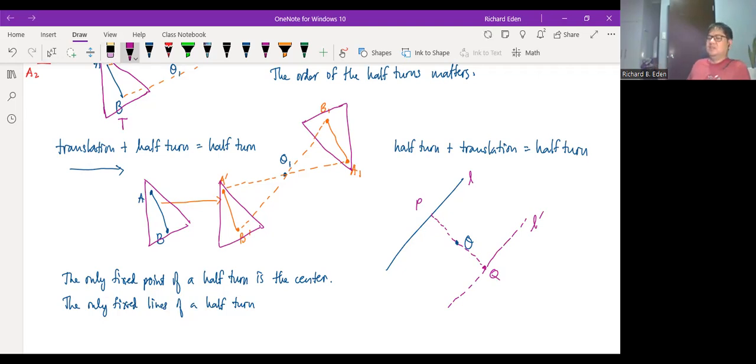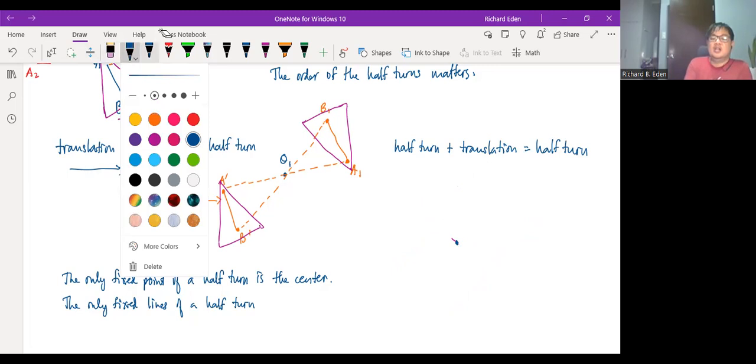But here's the thing. The line L is different from its image L prime. My question is this. Are there lines on the plane whose image with respect to that particular half turn is itself? Any line po that contains O. Yes, any line that contains O. All right, kasi mangyayari, you're right. Any other points will be sent to somewhere else, but it will be sent along the same line.